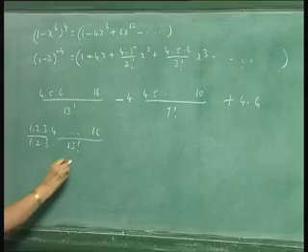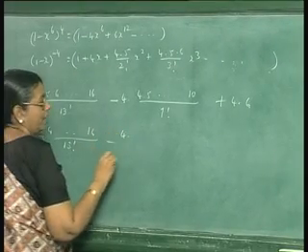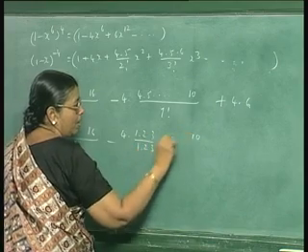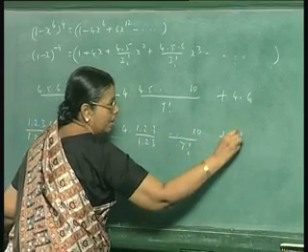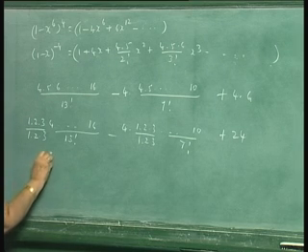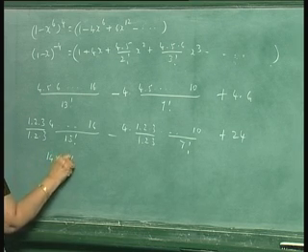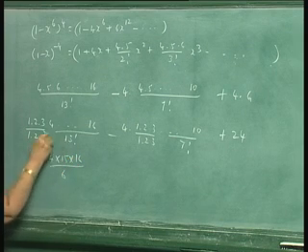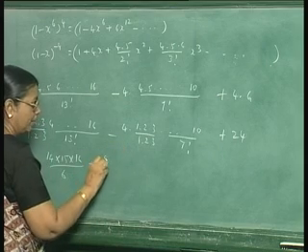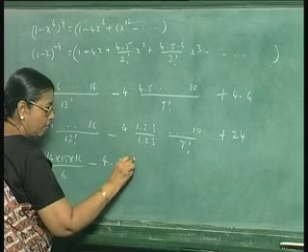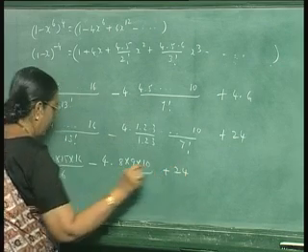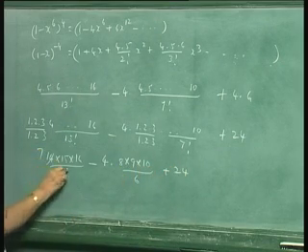This is 35 into 16, which is 560, minus 480, plus 24, that is 80 plus 24, 104.